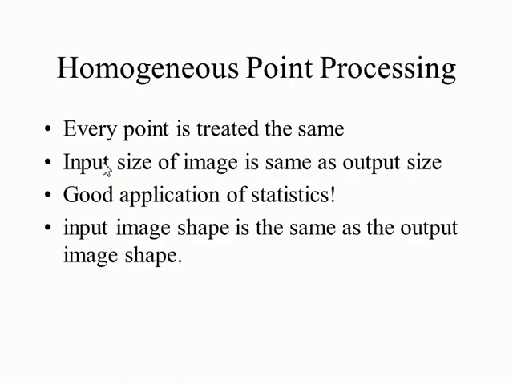If we can accumulate the probability mass function over different pixel values, then that's the moral equivalent of the continuous cumulative distribution function, only what we're really doing, instead of integrating a probability distribution function, is integrating a probability mass function with a summation. So all kinds of interesting statistics can arise from homogeneous point processing. And in fact, we'll make use of some of these statistics in this chapter.